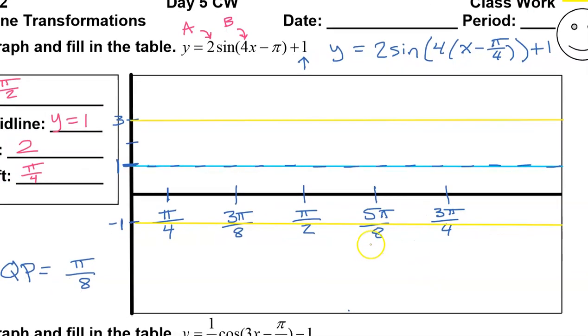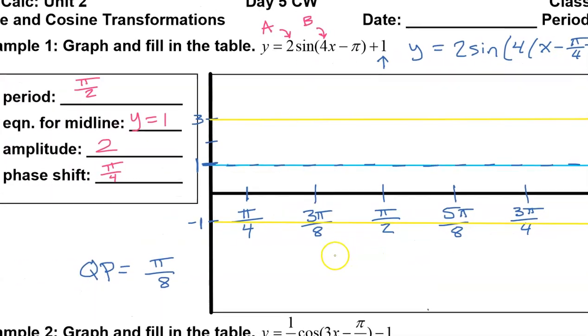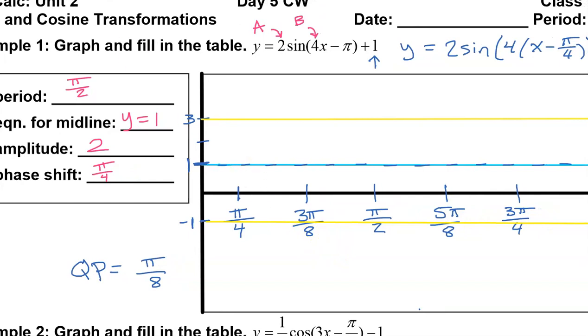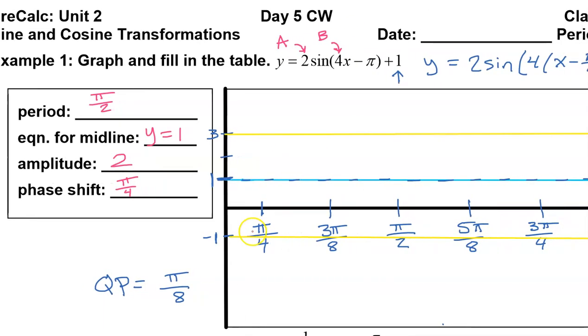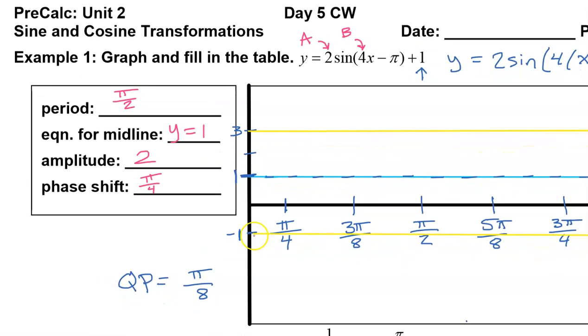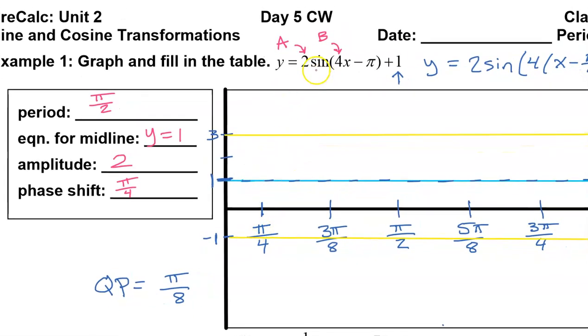Okay? Now, remember that the graph is always going to begin at the phase shift. So the pi/4 is where we will begin. And a long time ago, we memorized that the sine function, that's the type of graph we're graphing, begins on the midline.